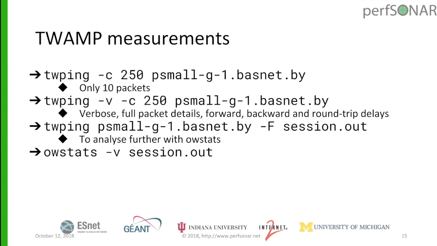So in the first command here, we run TWPing and we ask it to send, so it's the TWAMP client, and we ask it to send 250 packets towards another host that is running the TWAMP server and TWAMP reflector process.